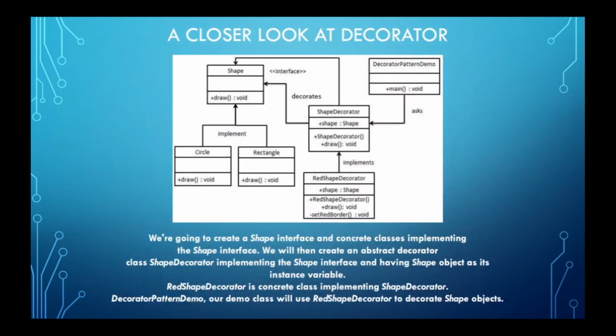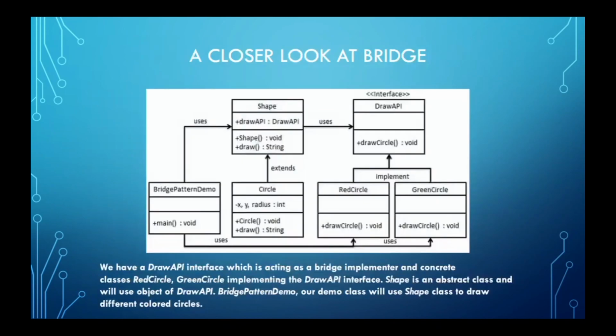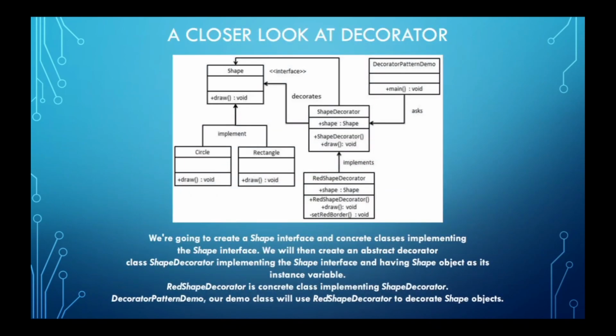Okay, the next one is a closer look at Decorator. Going back to what Decorator is, Decorator adds responsibilities to objects dynamically, meaning while the program runs, it'll add responsibilities when needed. In this diagram, we're creating a shape interface and concrete classes implementing the shape interface.